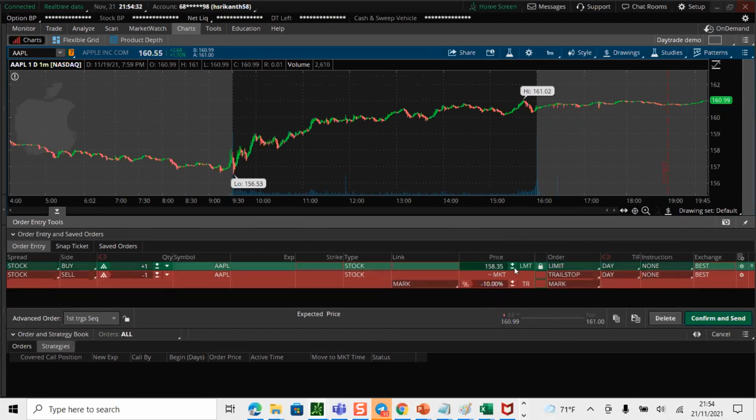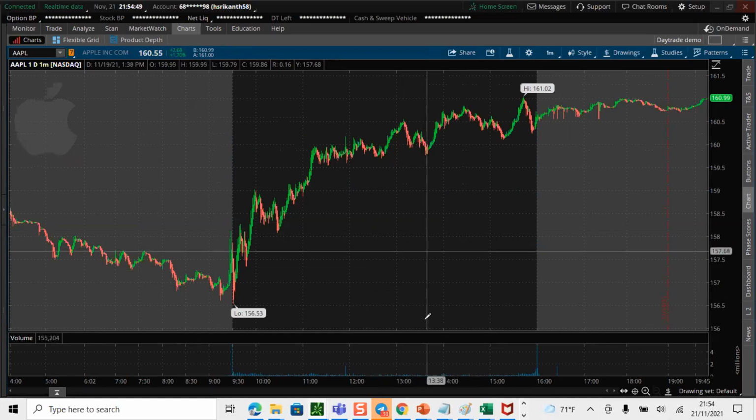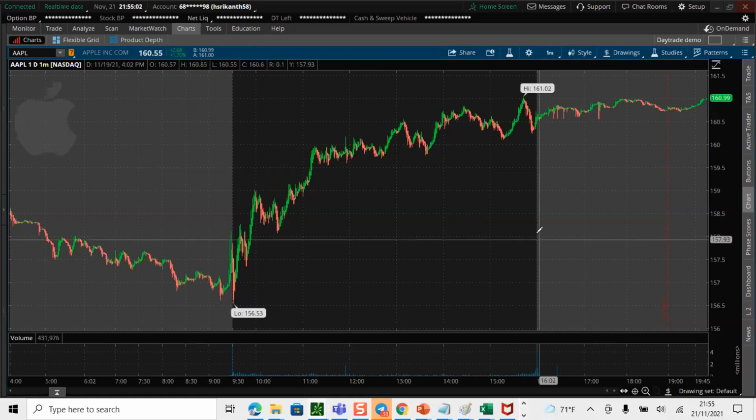You can sometimes use limit price, market price. Be careful, just make sure you select market. This depends on how you want to make the trade. Yeah, you cannot combine.